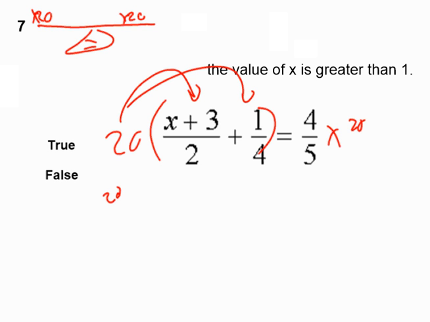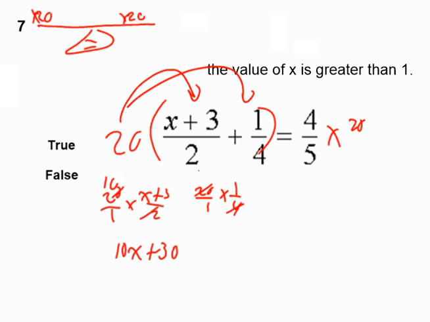So 20 over 1 multiplied by x plus 3 over 2 is going to be 10x plus 30. 20 over 1 multiplied by a quarter is going to be a positive 5. And this is going to be equal to 16.